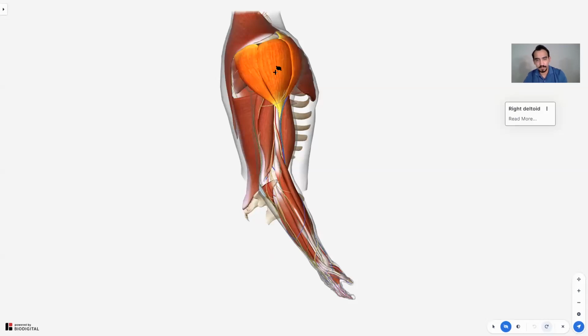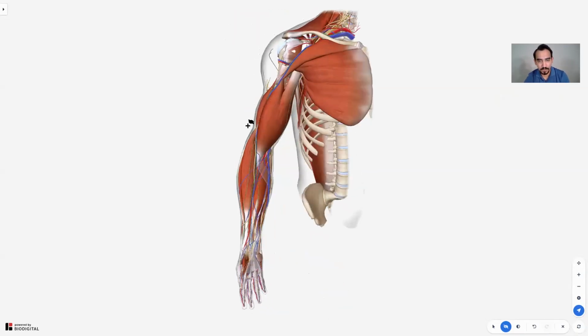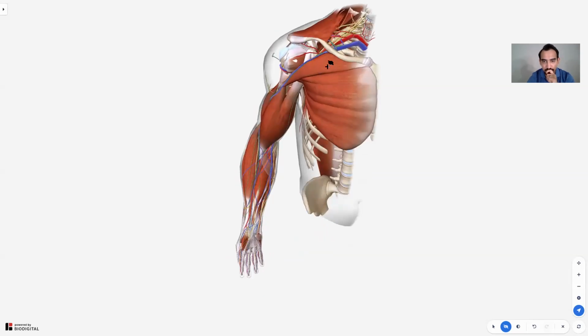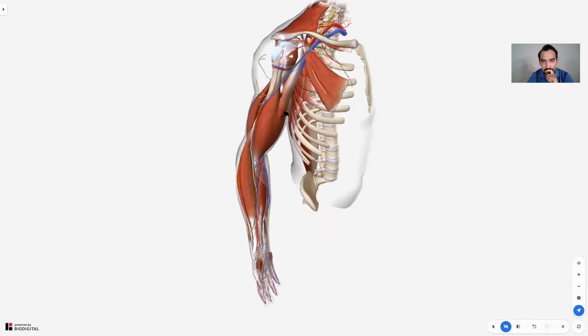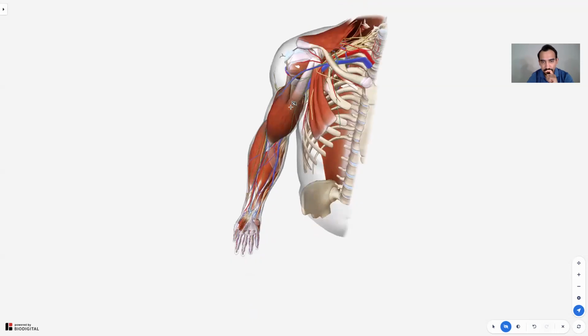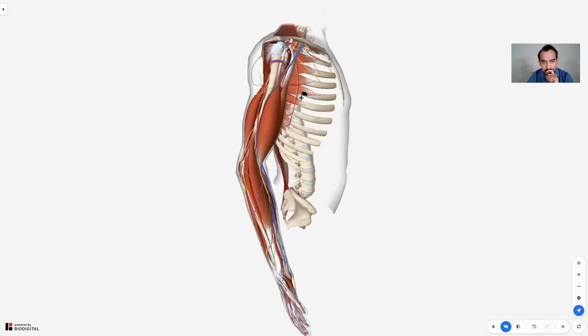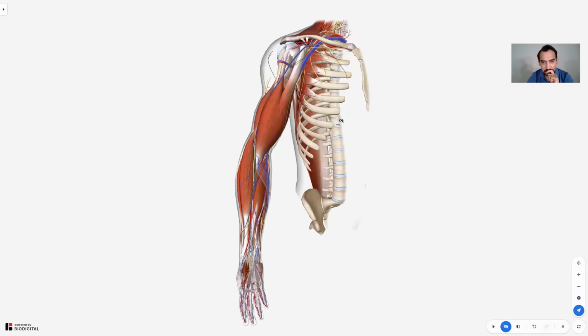Now let's remove the clavicular head of pectoralis major and the pectoralis minor.